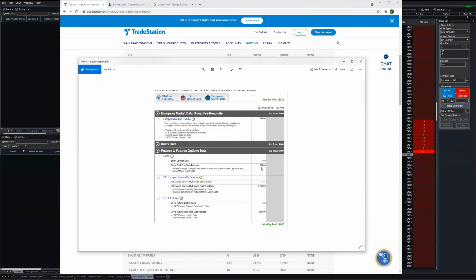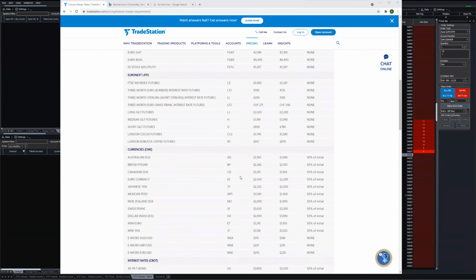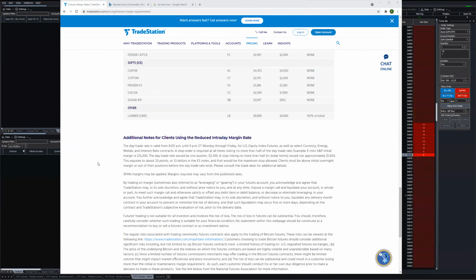So Eurex is $18. But the more interesting exchange, the ICE Europe commodity futures exchange, is freaking expensive, but that's the one that is most interesting. So $126, that's the one where we can trade live, as we said.